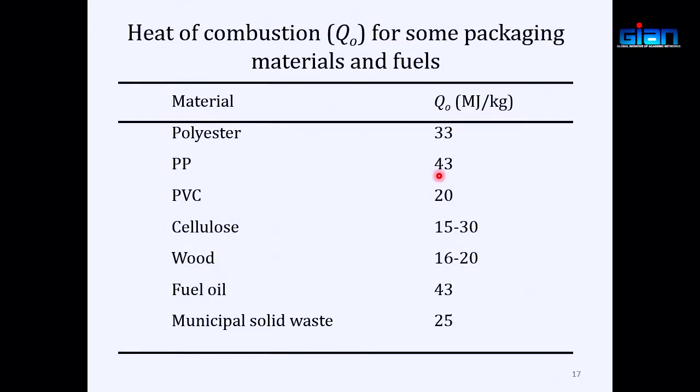So for which material will you pay more? Polypropylene, because it can give you so much more energy than these materials. It can produce some toxic gases as well. That's true. It can produce some hazardous compounds, but if we know that, then we can design a system where we can trap them, right?